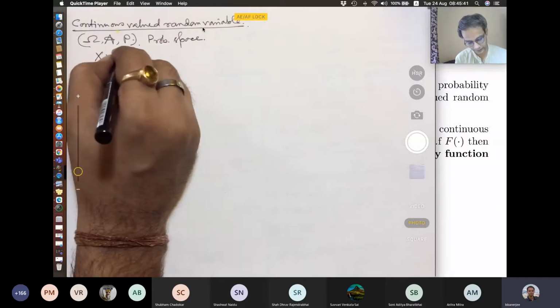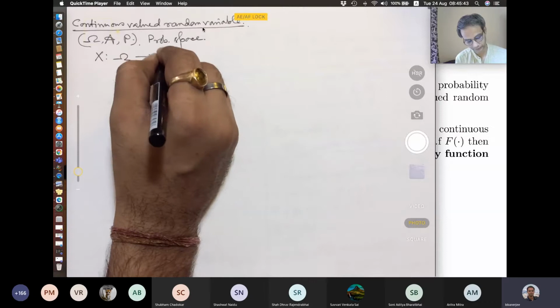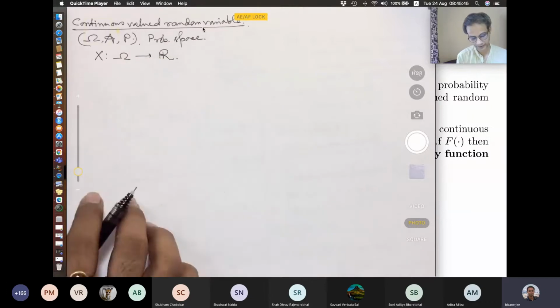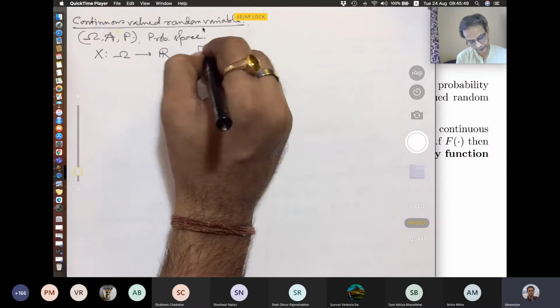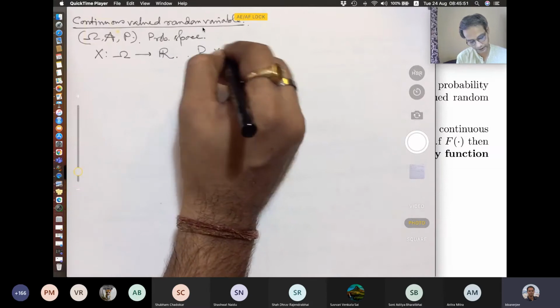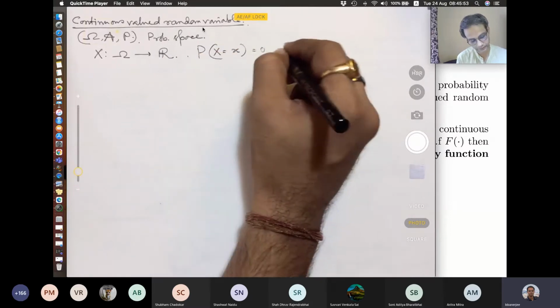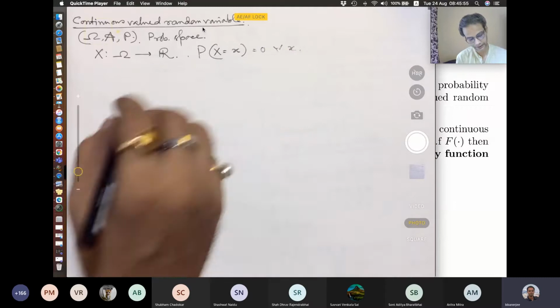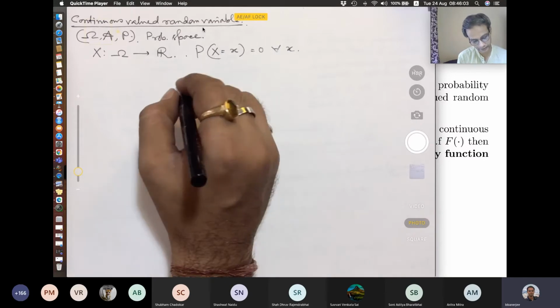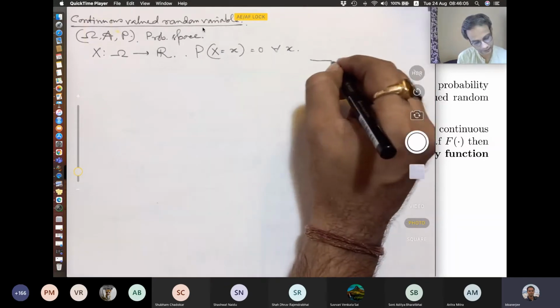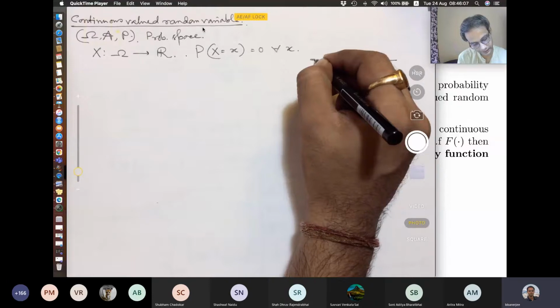X is a mapping from omega to R, no problem. Then probability capital X equals small x equals 0 for all x. That means there is no jump discontinuity in the CDF. So the CDF will look like this.